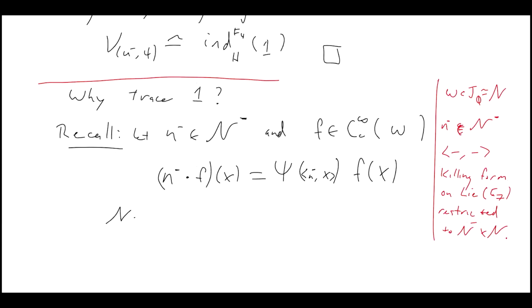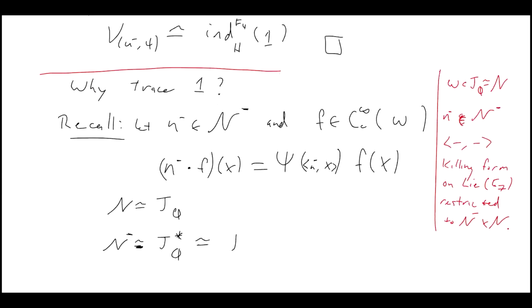But we know that n can be identified with J, and n minus, I sort of skirted this point. I was not so careful about this earlier. This can be identified more correctly with the dual of the Jordan algebra, but then the dual of the Jordan algebra can be identified with the Jordan algebra itself using the trace pairing, which is going to be non-degenerate.